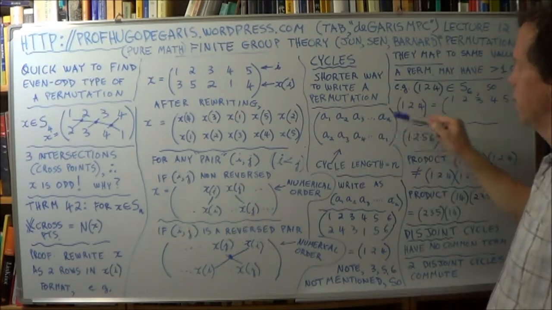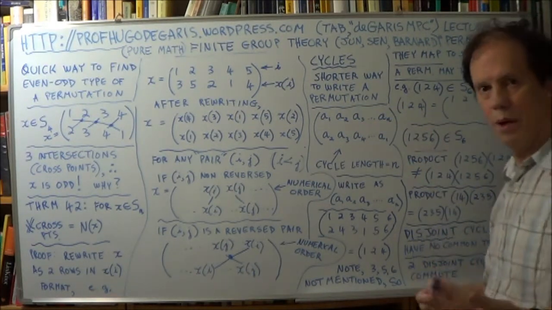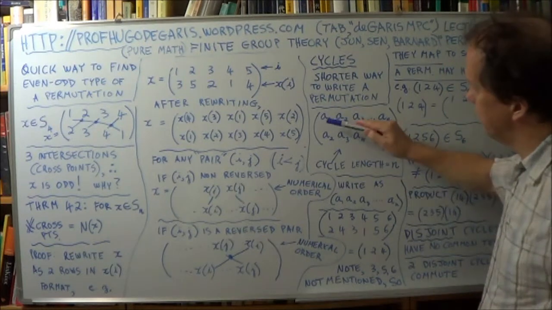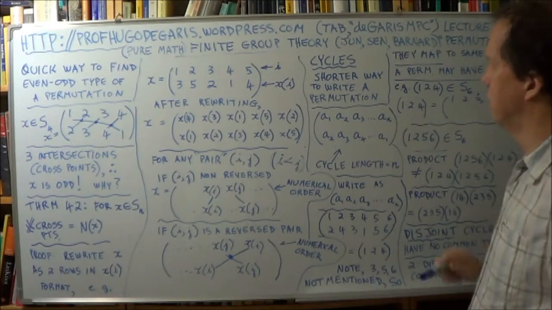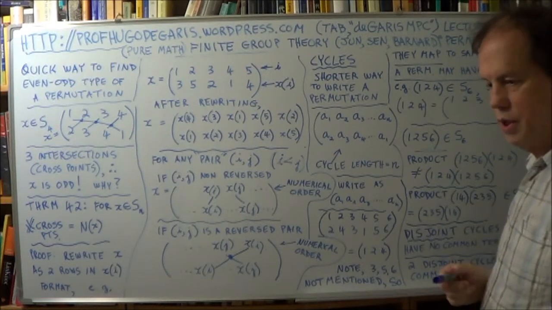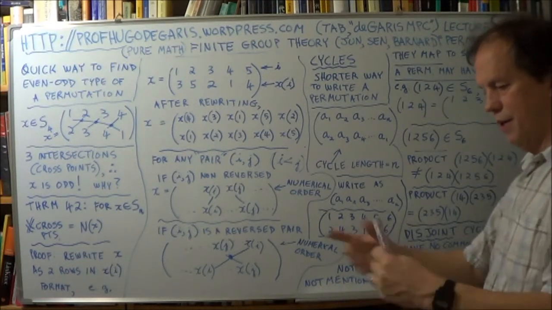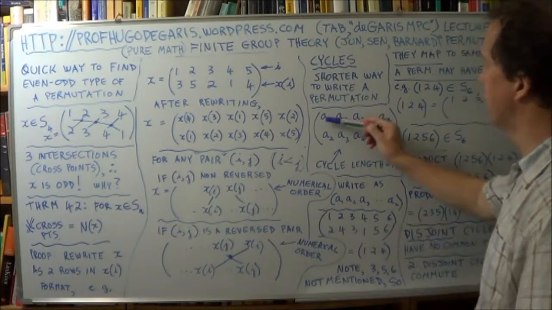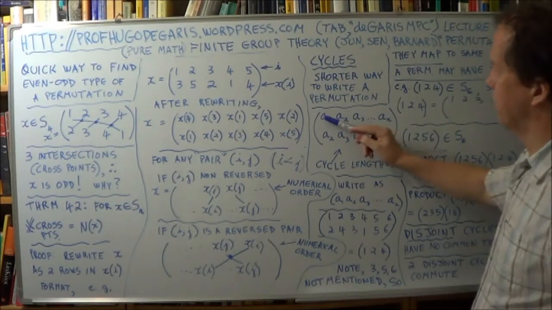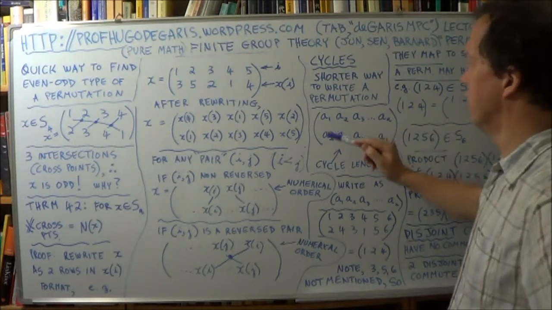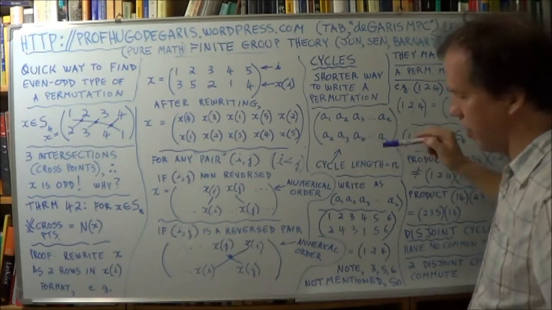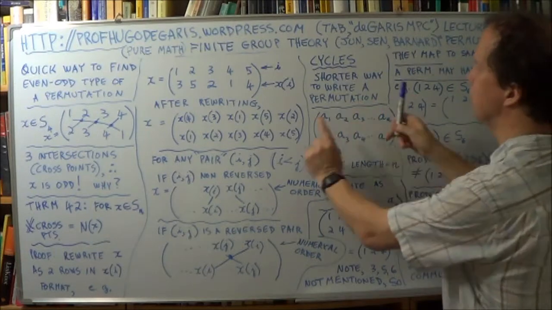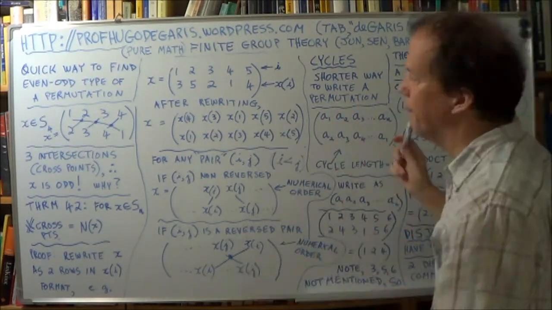Now here's an example of a cycle, and you'll see why it's called a cycle. These are just elements of your permutation group, the set of objects that you're permuting. They'll be integers, but this is general. In general, remember that the vertical pairing is all that matters, but the order of these vertical pairs is irrelevant.